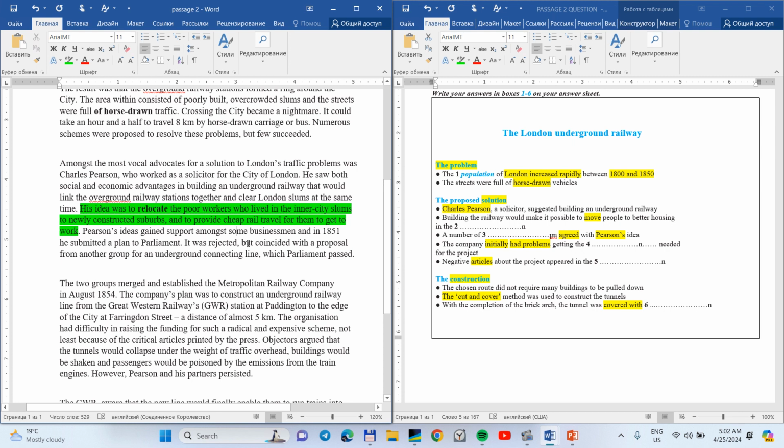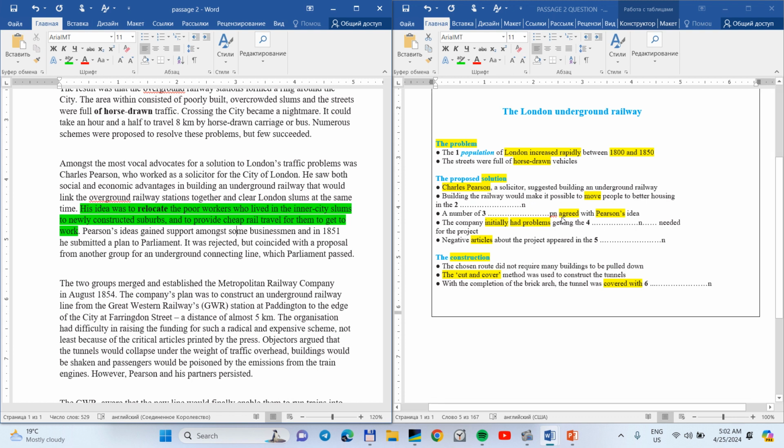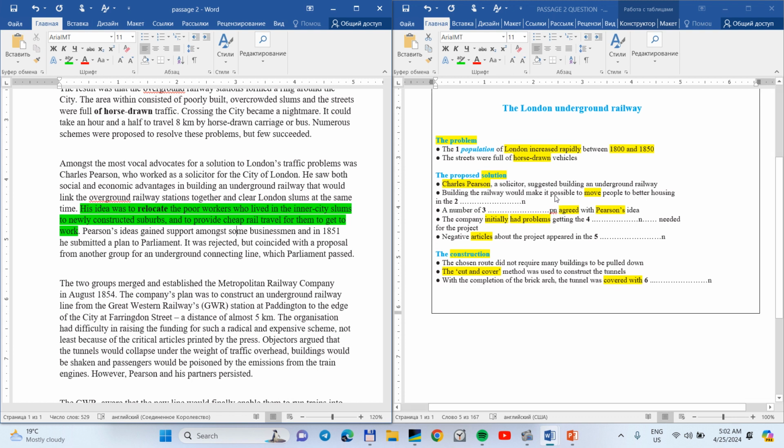They provide cheaper tickets for them. And now it makes it possible to move people to better housing in the suburb. They are not moving in the center, but to newly constructed suburbs. Suburb means here a place in the suburb.